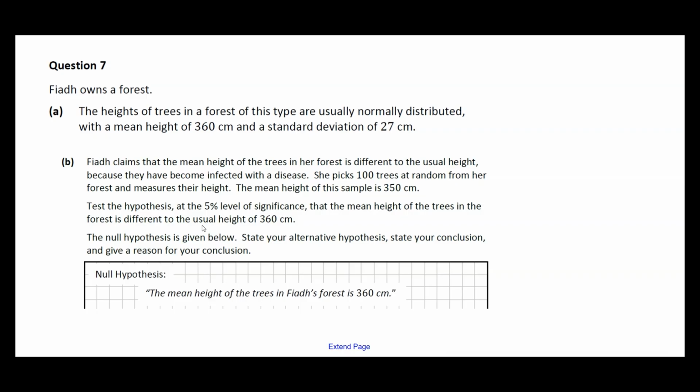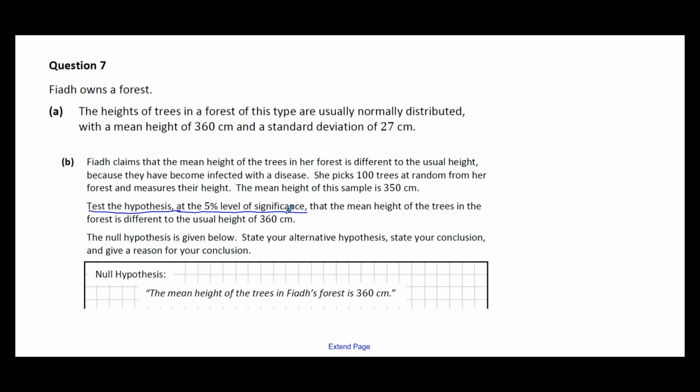The null hypothesis is given below. State your alternative hypothesis, state your conclusion, and give a reason for your conclusion. A lot to unpack here. Now, one thing that we have to understand when it comes to the hypothesis test, that's the full name, hypothesis test at 5% level of significance.